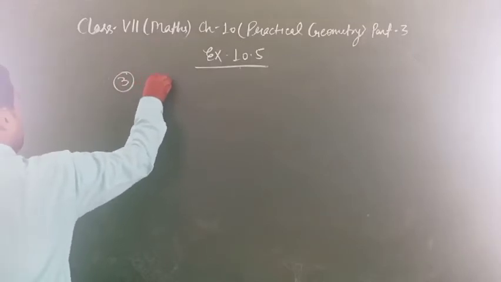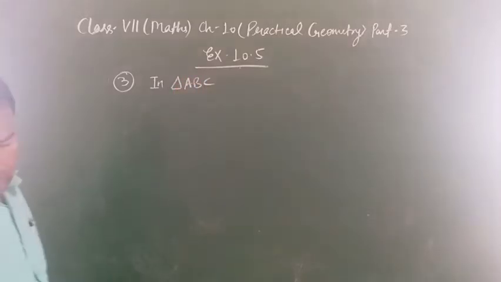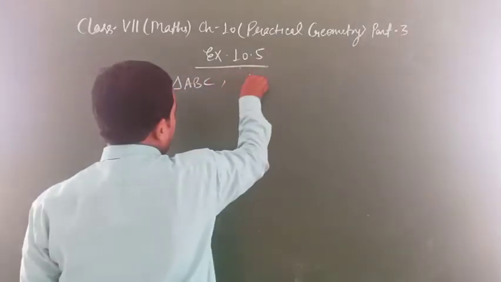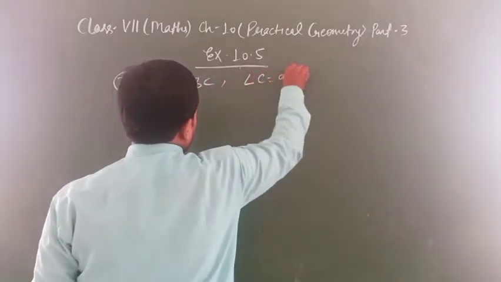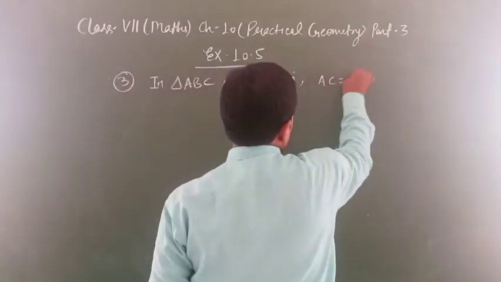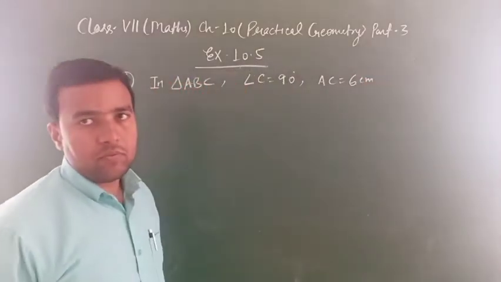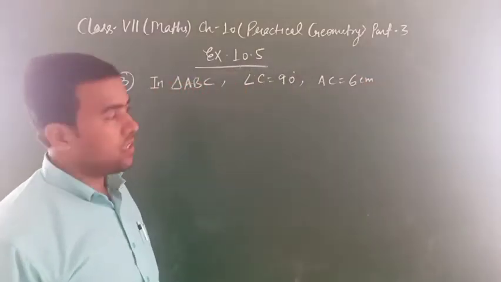In triangle ABC, angle C equal to 90 degree and AC equal to 6 centimeters. Here the third side also we will take 6 centimeter.